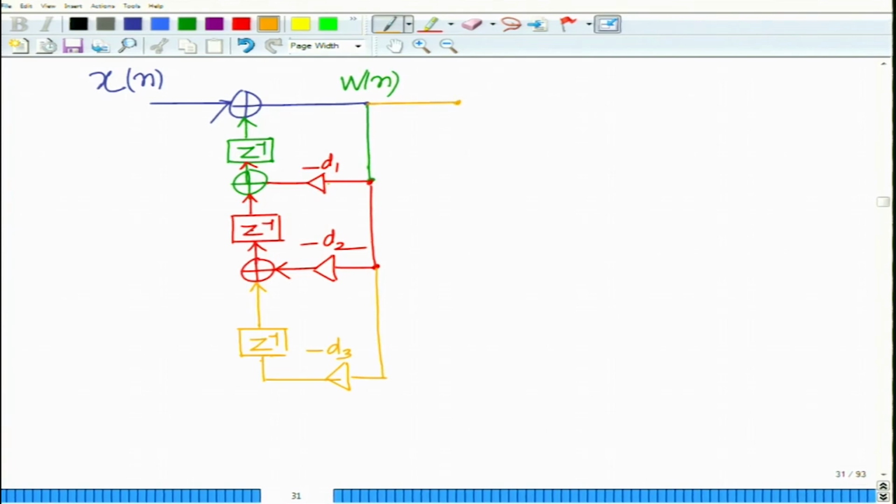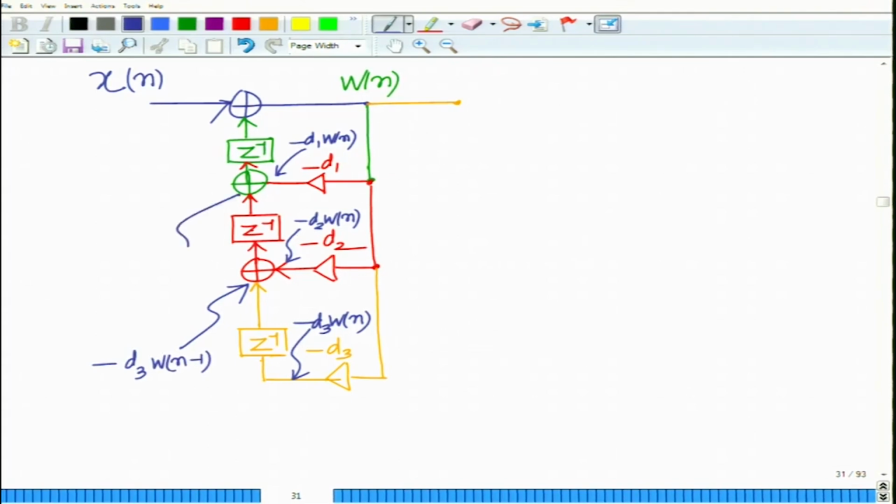So, now if you see this here, at this point we have minus d1 W[n], and at this point we have minus d2 W[n], and at this point we have minus d3 W[n], and you can see here I have minus d3 W[n-1]. At this point I have minus d3 W[n-1] further delayed.